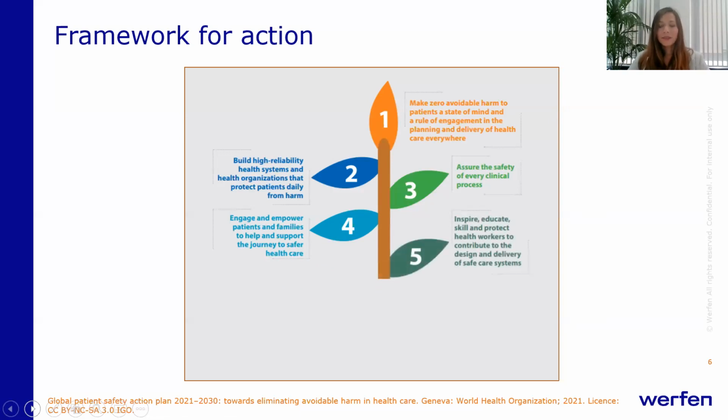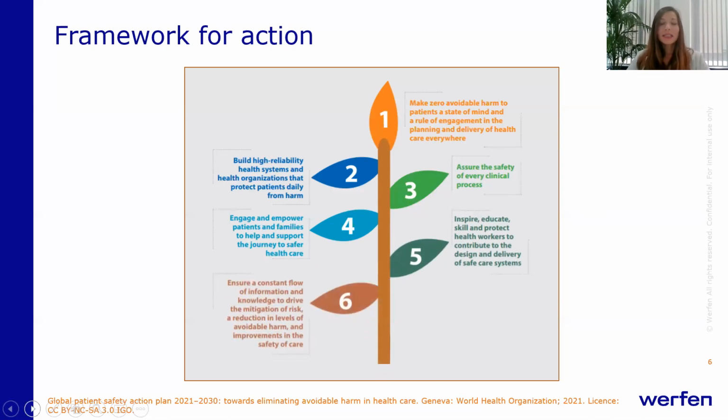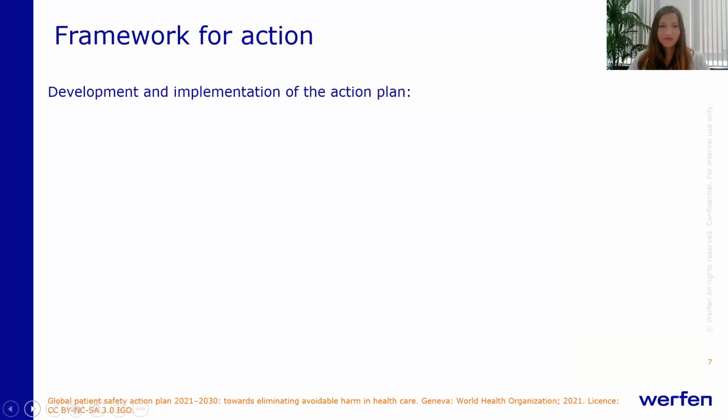Then the fifth one is to inspire, educate, and train the healthcare workers. The sixth one is ensuring a constant flow of information and knowledge for the mitigation and reduction of risk. And the seventh and last one is to develop and sustain a multi-sectorial, multinational synergy and partnership as a way to improve patient safety and the quality of care.